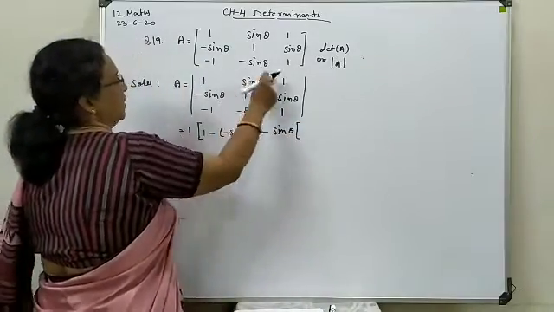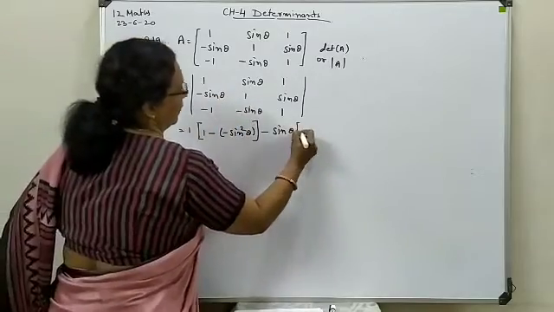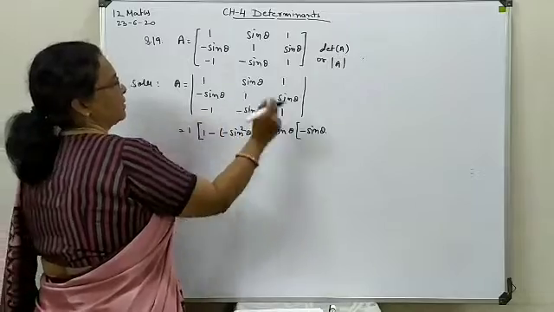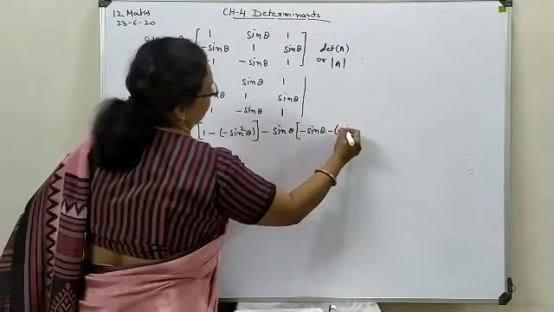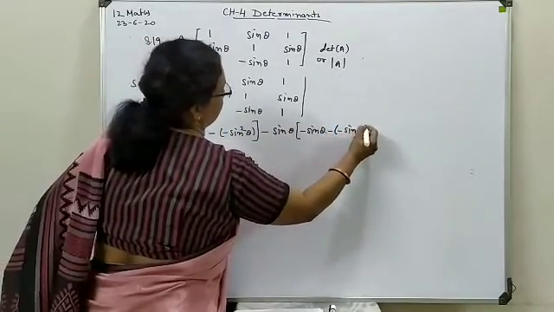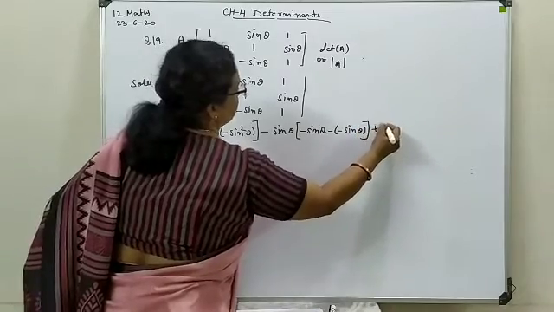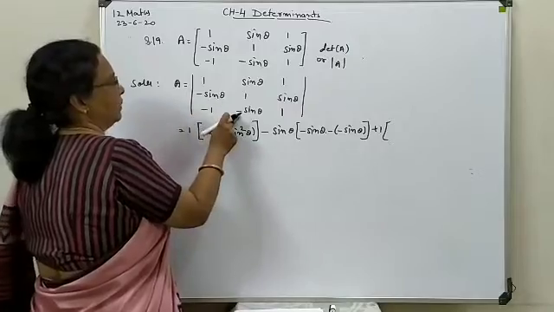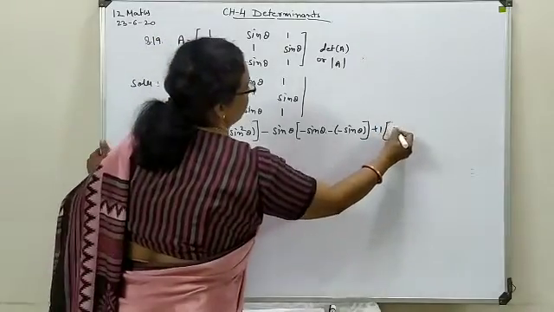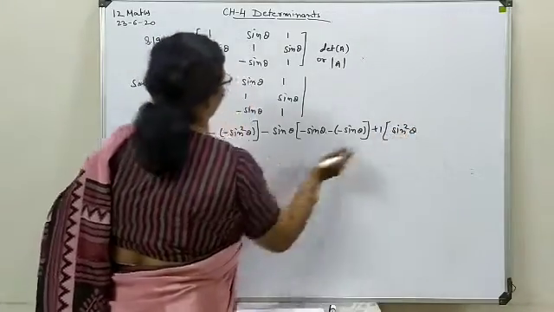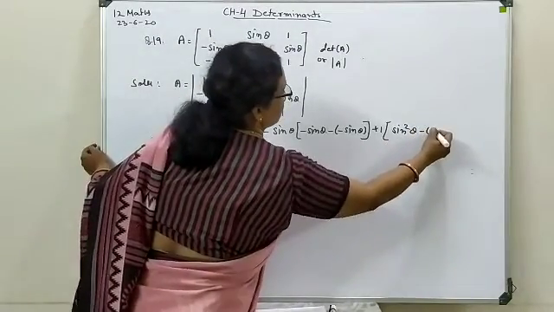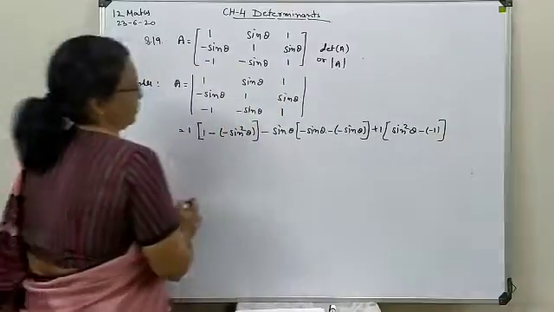With respect to this sign, it is your minus sine theta. In between minus is compulsory and 1 minus you are getting on multiplication. Last one, with respect to this one, this minus sine square will give you sine square theta. Here it is minus 1, in between minus will come, so this will be this way.